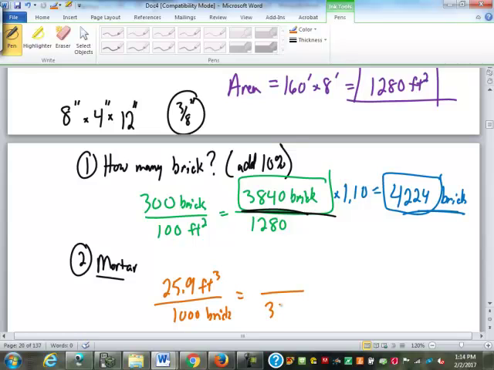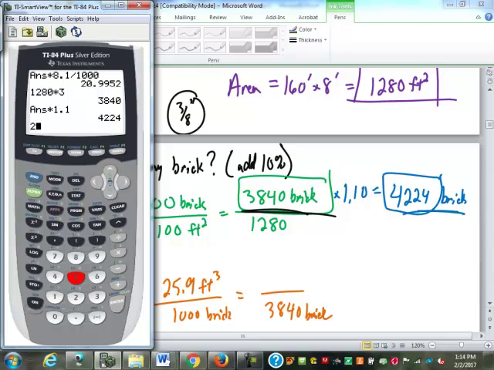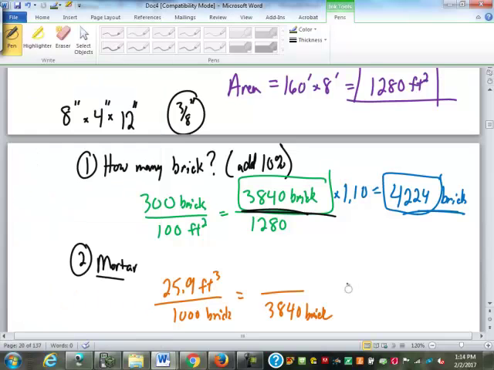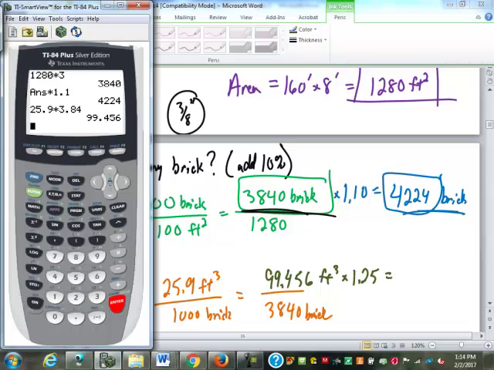So I want to know how much for 3,840 brick. So 25.9 times 3,840 divided by 1,000. 99.456 cubic feet, times, we're doing the 25% for that, so times 1.25.